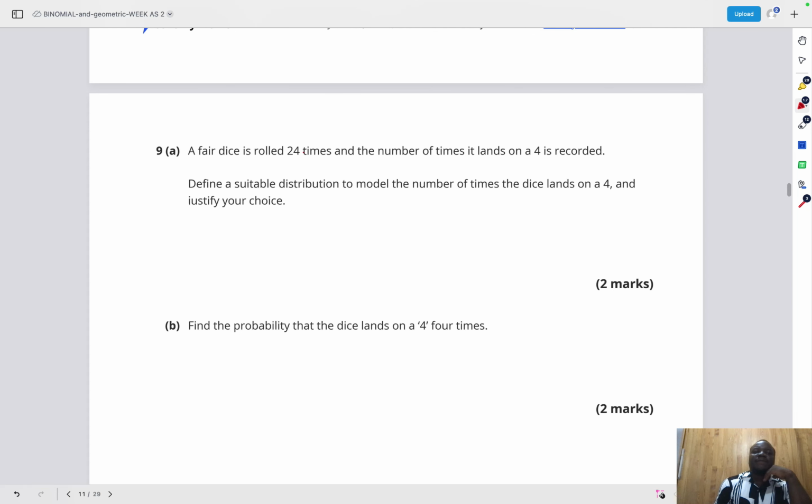Whenever you're given a fixed n, here n is fixed at 24. We are looking at landing a 4 on a fair dice. A dice has 1 to 6, and since it's fair, the probability of getting a 4 should be equal to 1 out of 6.